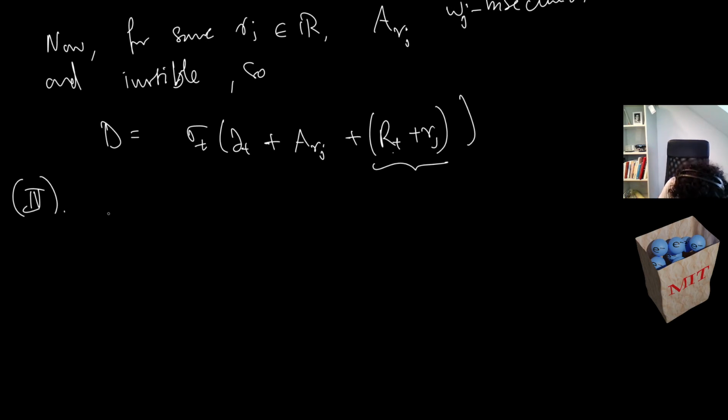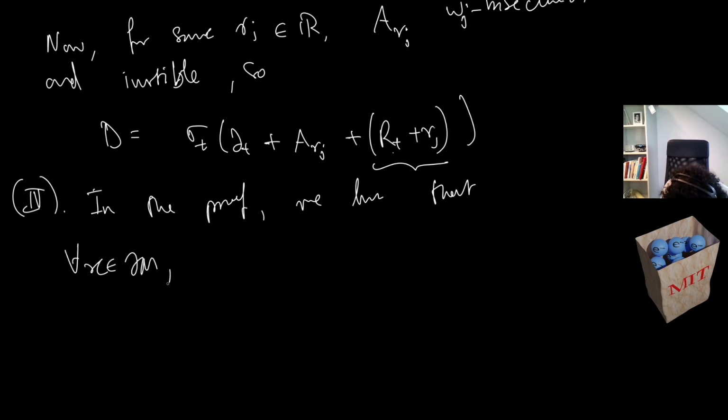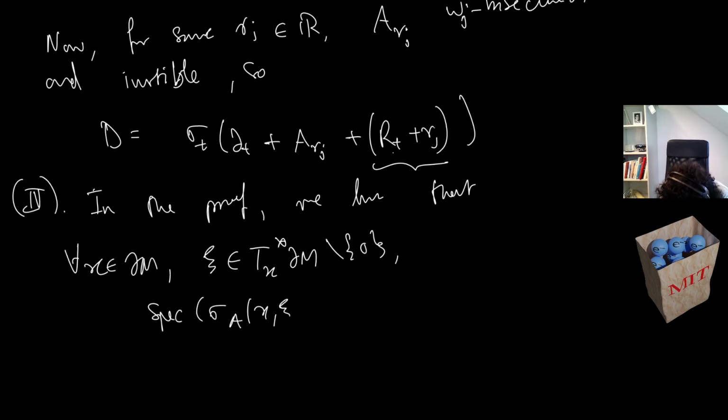So what do we have in the proof? For all x in M and psi in T star x M that's non-zero, we have that the spectrum of A, x, psi intersect the real line is empty.